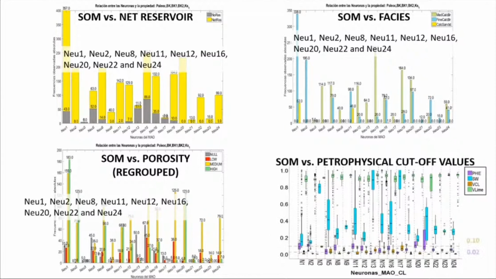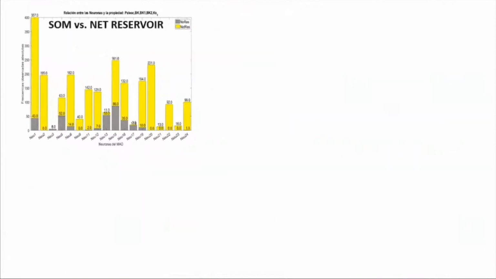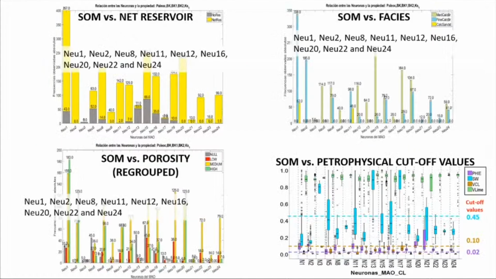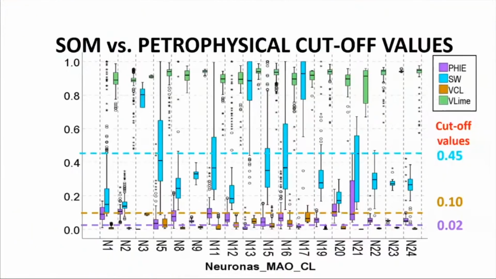We want to look more at the petrophysical properties behavior from the well logs, and how they correspond to our SOM classification neurons. So you can see the distribution of those petrophysical properties: effective porosity, water saturation, and V-clay.